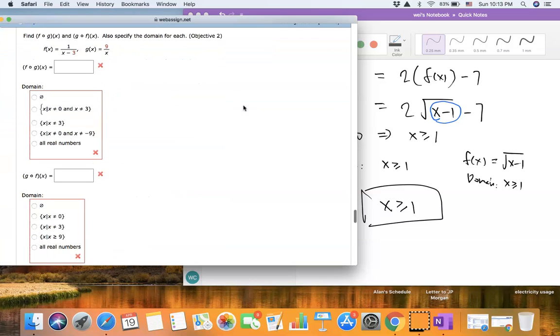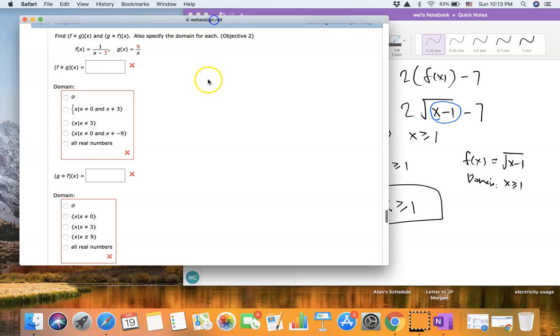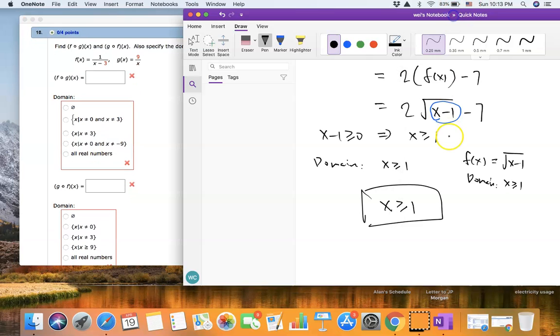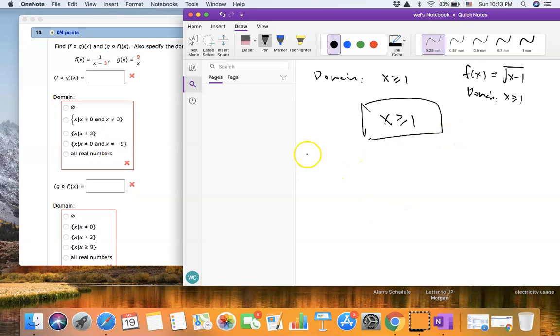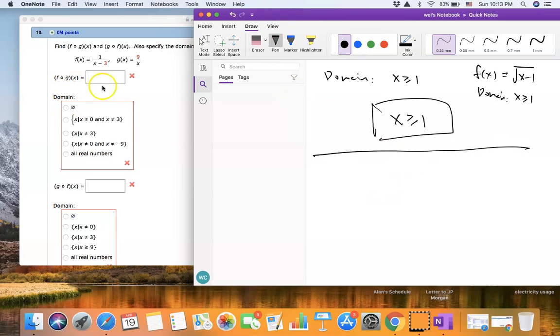Now let me do number 10 next. On number 10, we have f of g of x.